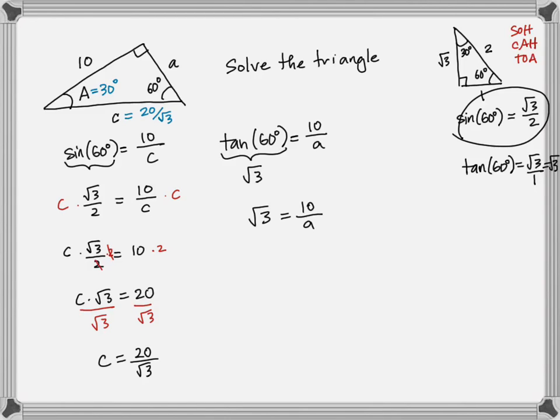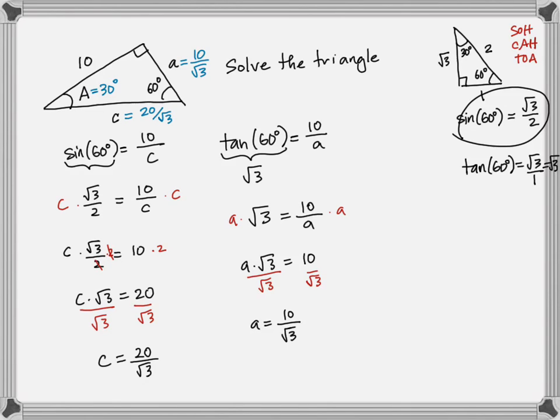And now I can use that information to solve for a. So I'm going to multiply by a. So I have a times the square root of 3 equals 10. And then I'm going to divide both sides by the square root of 3. So a is equal to 10 over the square root of 3. And that's my third side length.